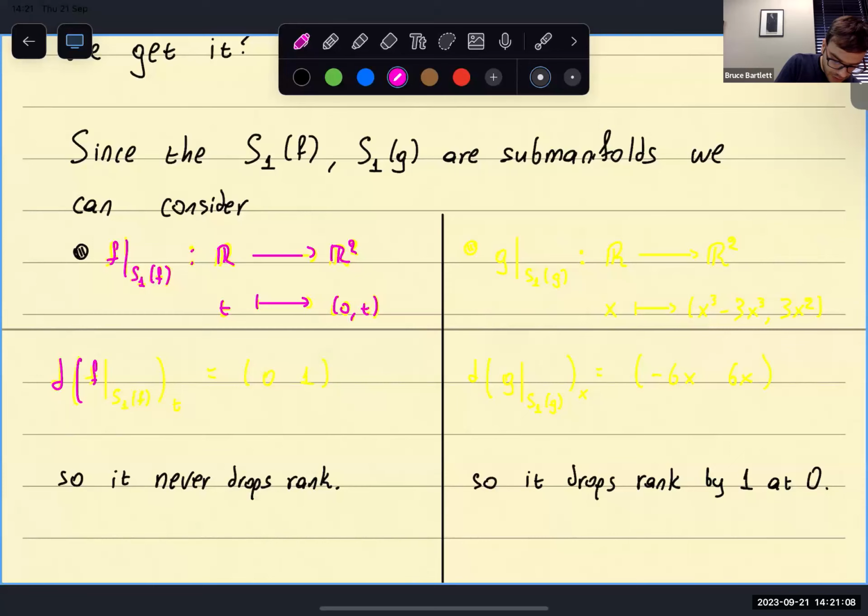And then the differential of this map is just going to be 0, 1. So it will never drop rank.